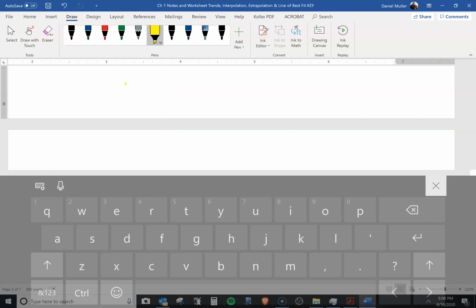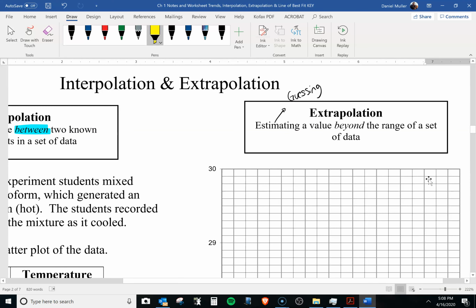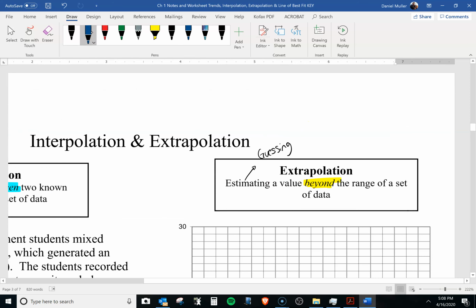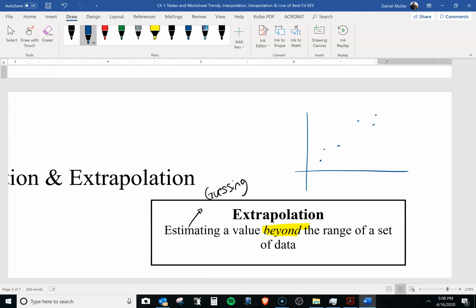So beyond is, whoops, I wanted to do that in yellow, but clearly that is not an option. Here we go, beyond. So for instance, I'll try to draw a little graph here. If we've got some data here, we might want to guess what's going on in between.